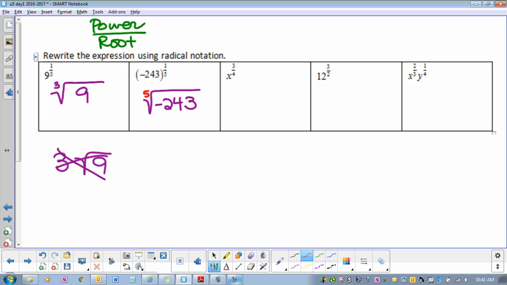Let's look at the next one. X. What's the root? What number goes in here, this little 4? And then, what's the power? Yeah. Okay. All right, so you guys try the next one, please.